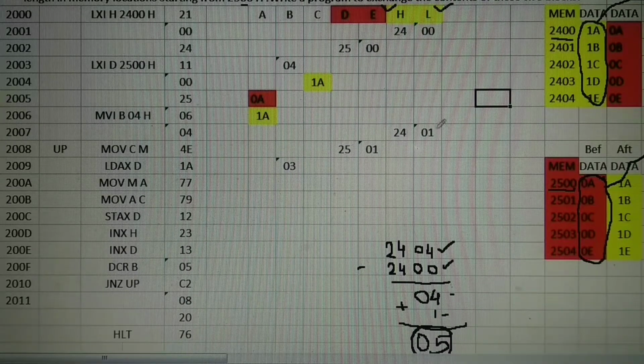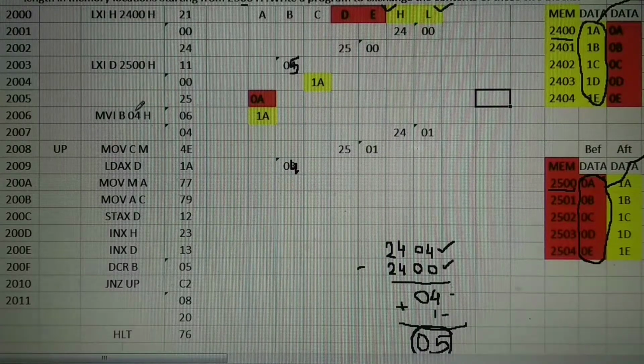How many memory locations you have to handle is taken as a counter, and that counter is taken in register B. That number is 5. Five memory locations you have to handle.